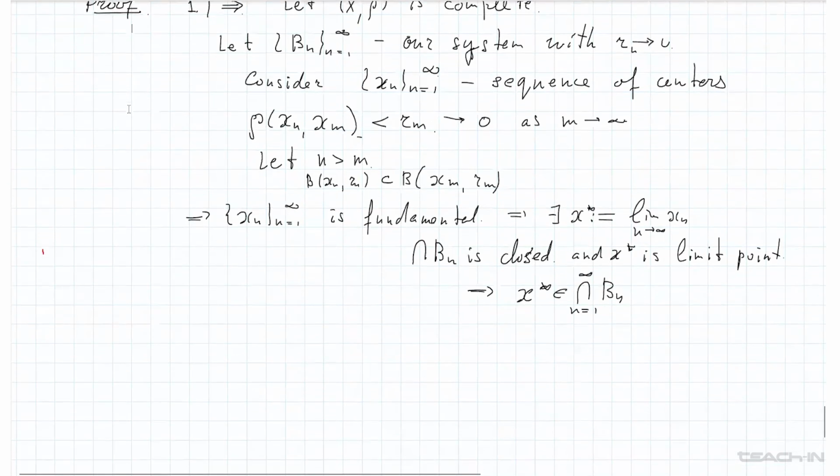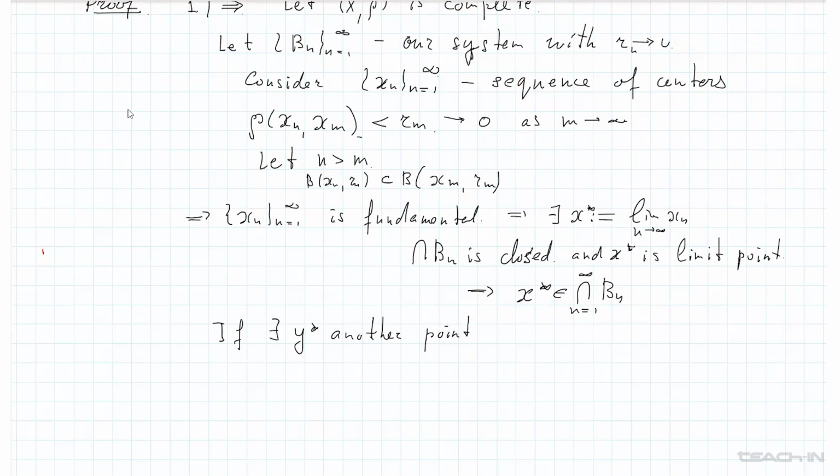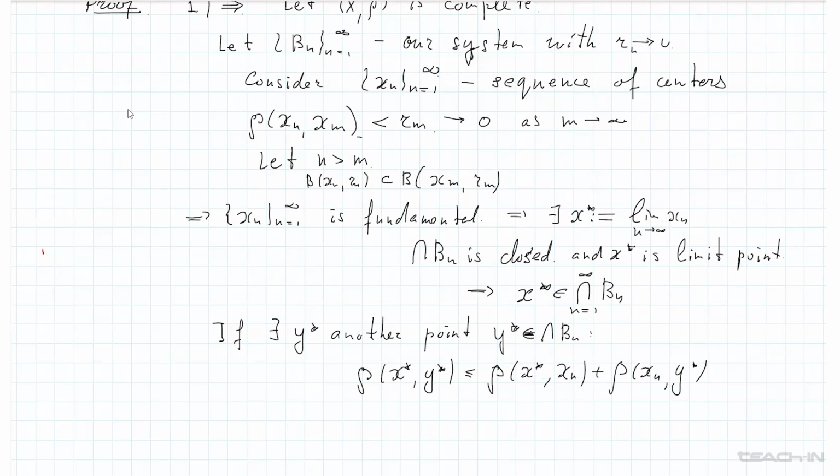And if exists another point y star which belongs to intersection, then we immediately obtain that the distance between x star and y star is less than, by triangle inequality, this sum, taking the center of nth ball, less than 2rn, and it tends to the 0 as n tends to the infinity.